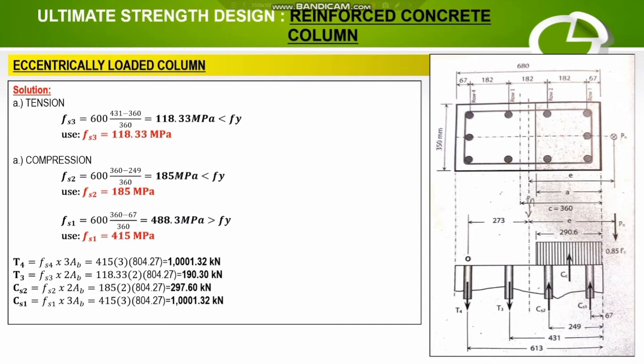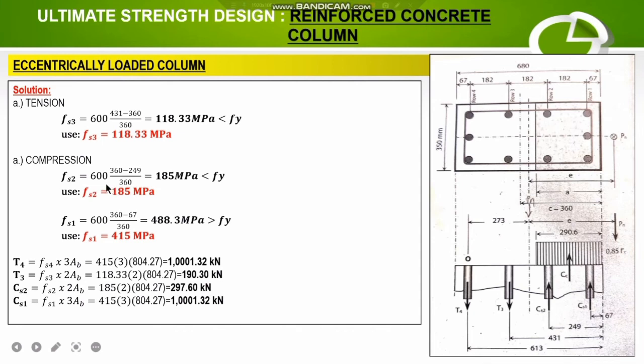So after solving for the tension part, now let us come to solving the steel bar stresses in the compression part. So in the compression part, row 2 is subjected also to compression, and as well as the bars in row 1. So let us start by solving the Fs2, or for the row 2.